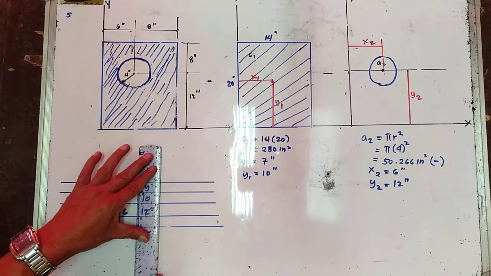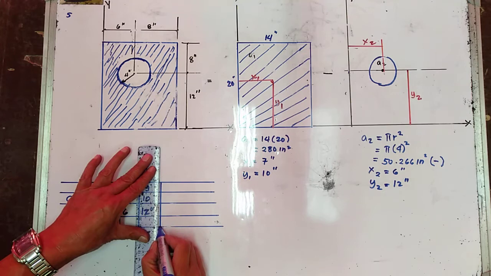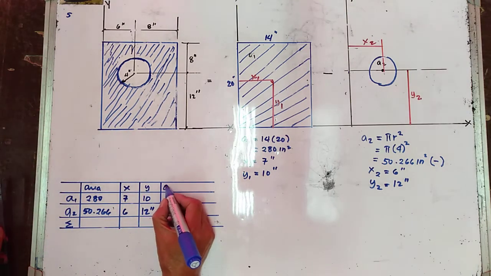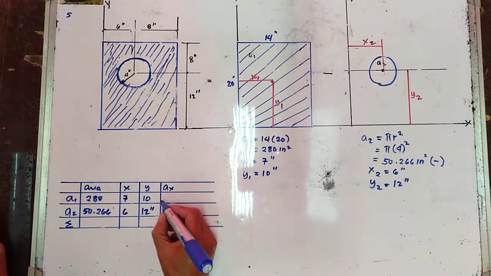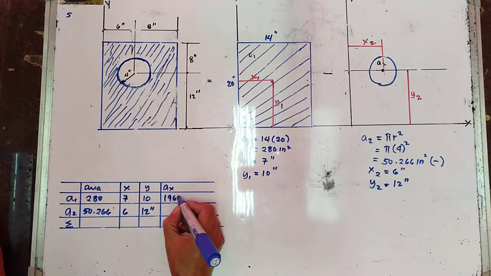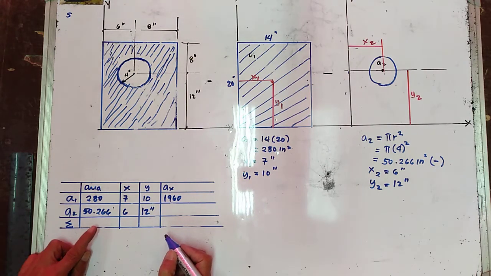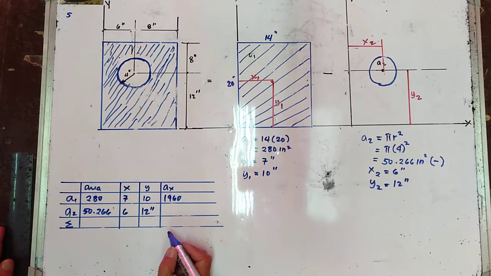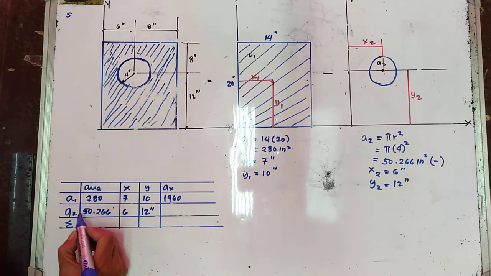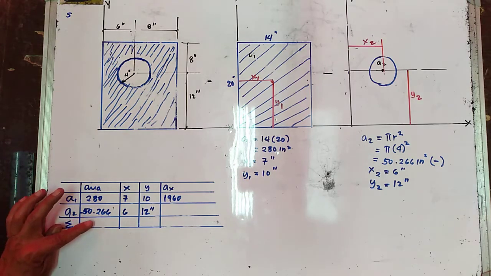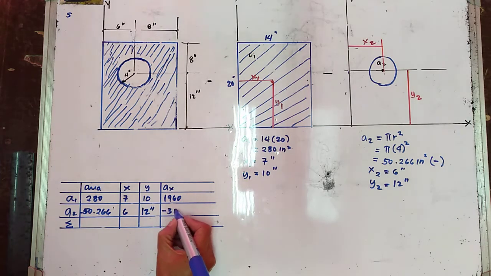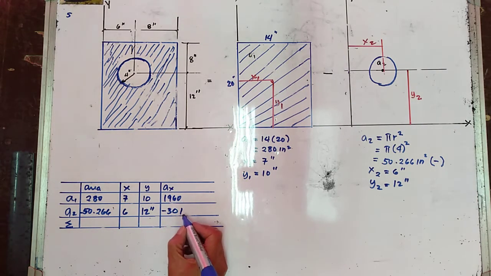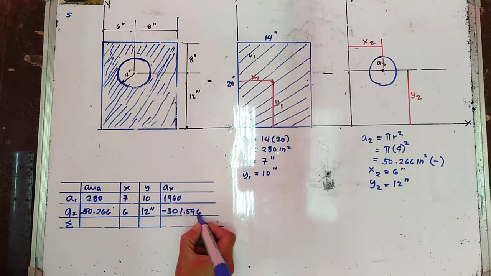Now, let us try to get your AX. So this is 280 by 7, which is equal to 1960. Then 50.266 by 6. Okay, this area in here is negative, so we have a negative area. So minus 50.266, multiply this by 6, that is minus 301.596.